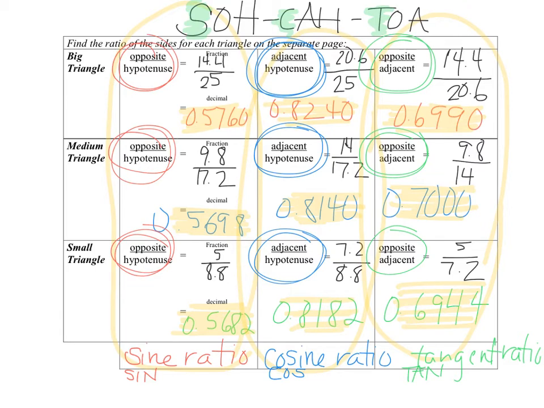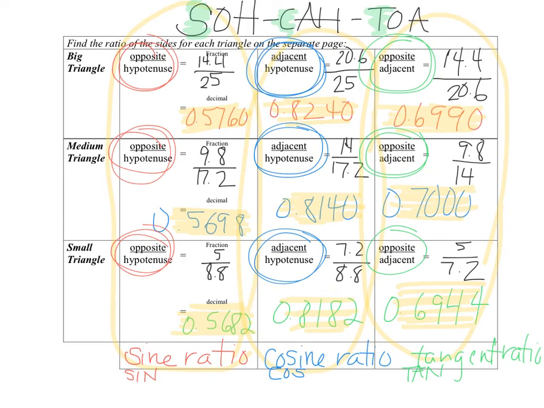All because every right triangle with a specific angle measure is going to have a predictable sine ratio, cosine ratio, or tangent ratio. We know what those decimals are going to be, and those decimal numbers, those ratios, are all programmed now into calculators and into computers.